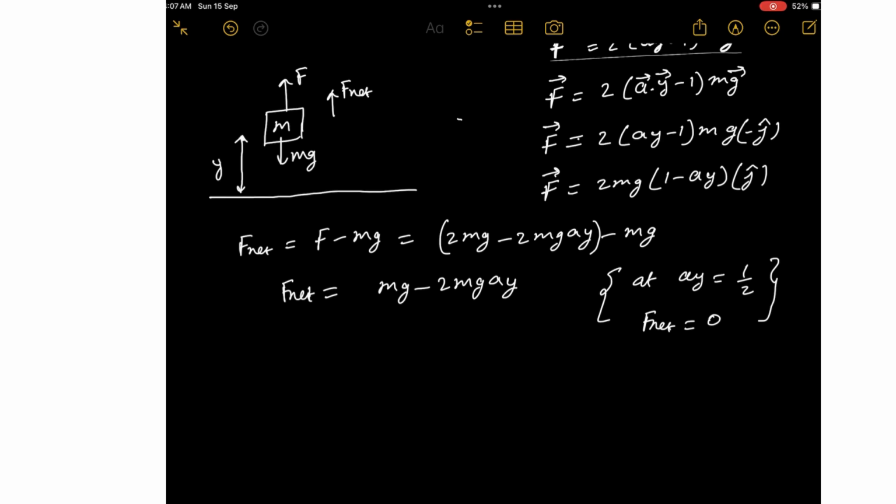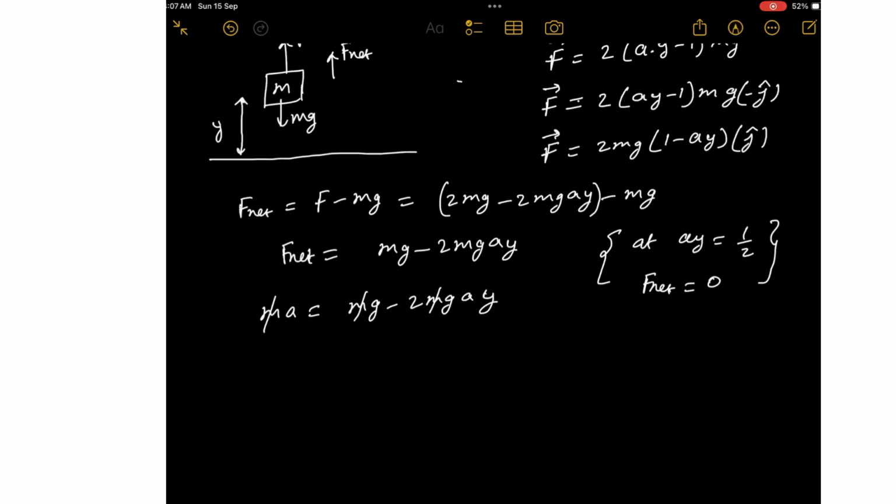This net force we can write as m into a, that will be mg minus 2mg ay. You can cancel this m. Now this a is a constant, and here in F net the acceleration is written as acc.